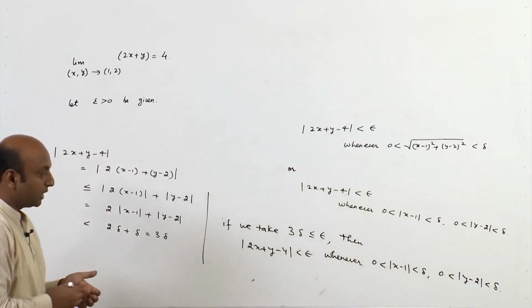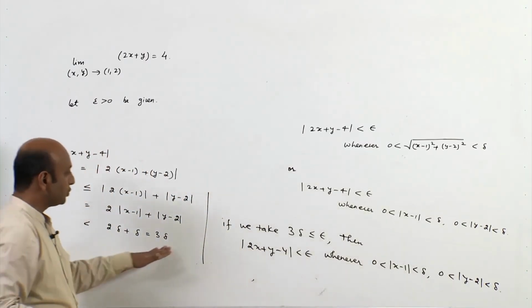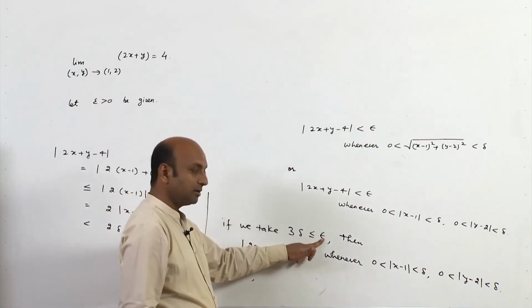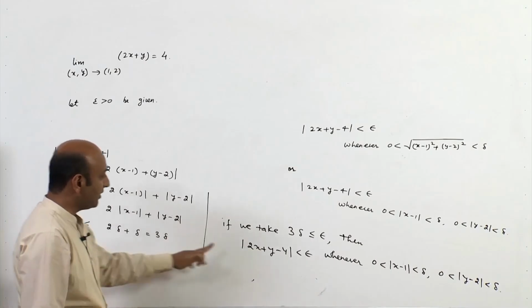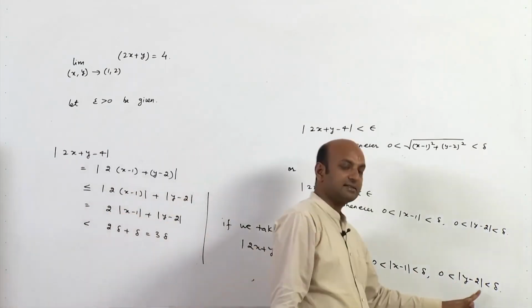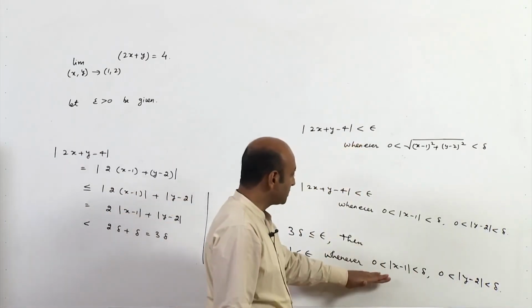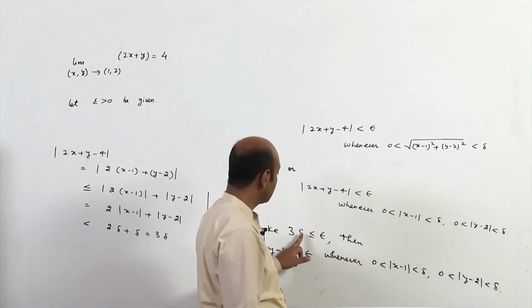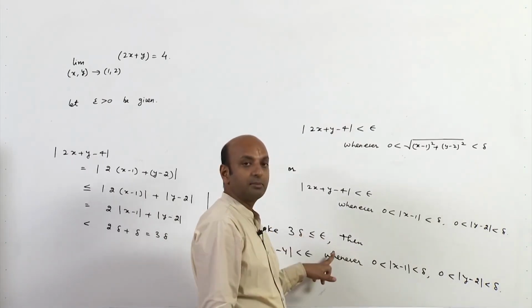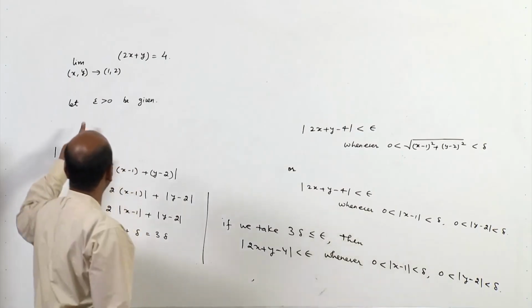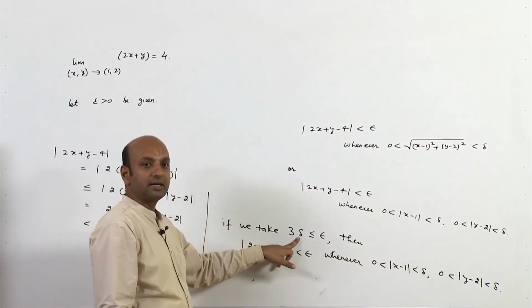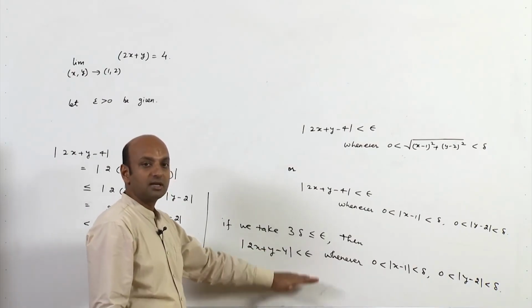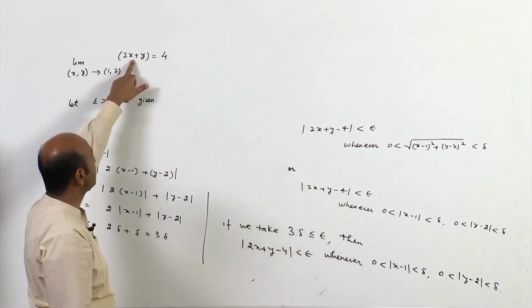If we choose 3 delta less than or equal to epsilon, then this quantity will be less than epsilon whenever this is less than delta and this is less than delta. So this inequality holds if delta is less than or equal to epsilon by 3. So for any epsilon, we have shown the existence of corresponding delta such that this inequality holds. Hence we can say that this limit exists and is equal to 4.